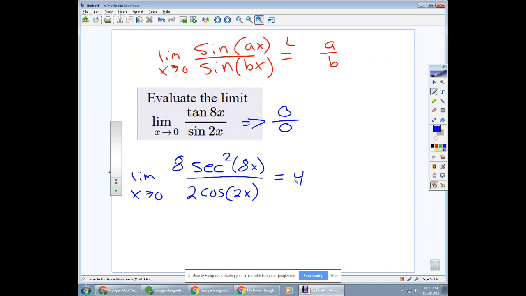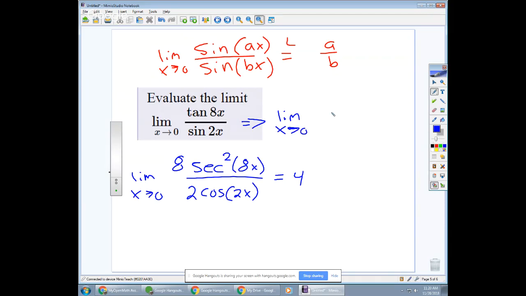Oh, we didn't even need L'Hopital's rule for this. Check this out. Is that true? Maybe we do. I don't know, let me see. Limit as x goes to 0.